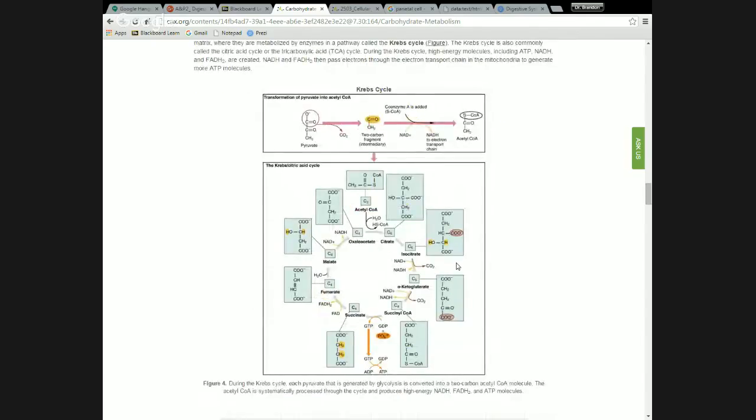This is the Krebs cycle. I do not want you to learn this in a lot of detail, but it does show you that there's just recurring reactions here.